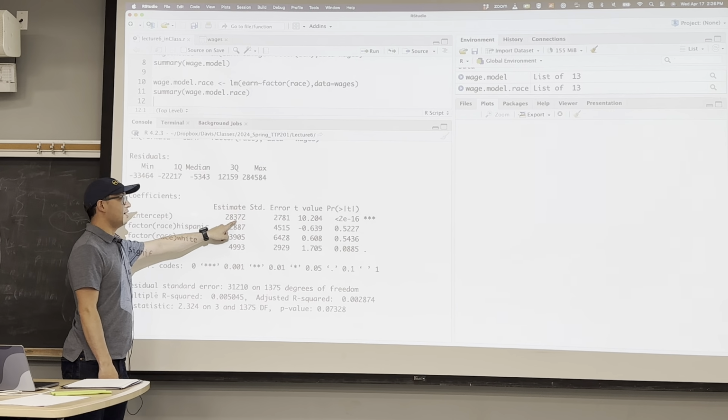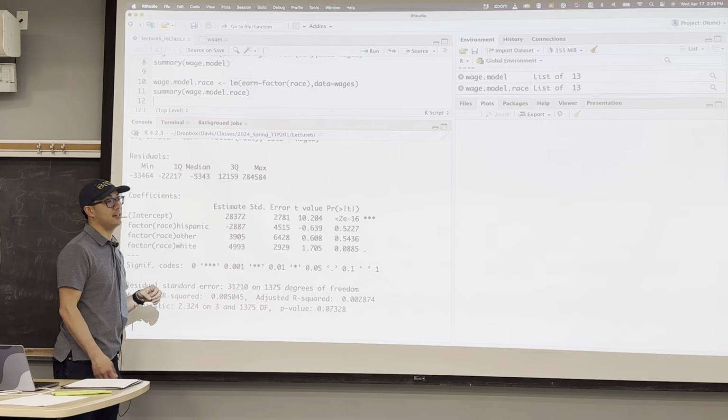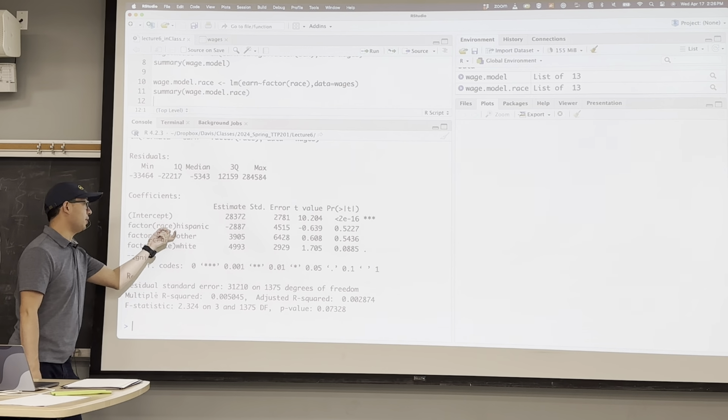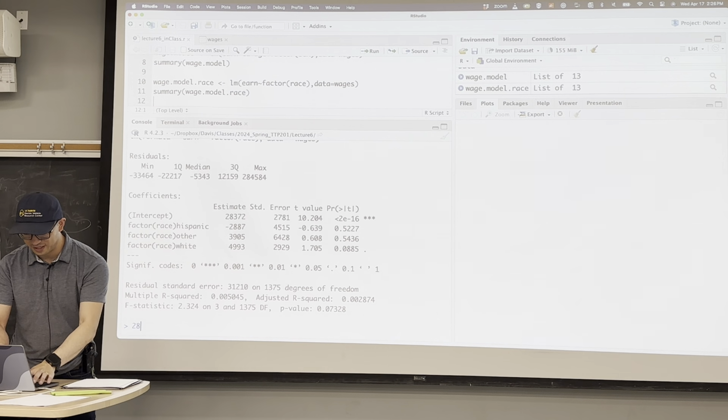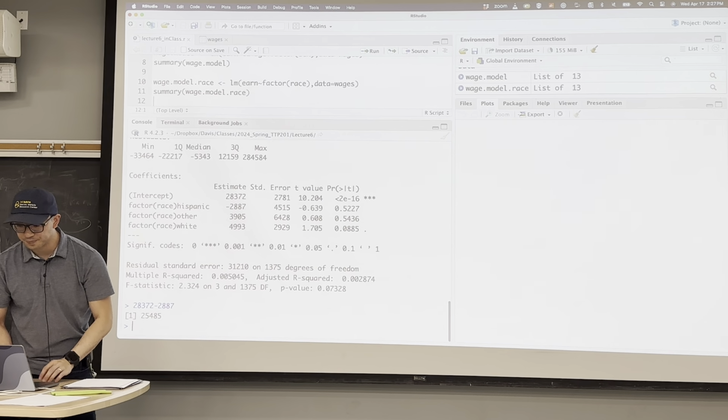Okay, and if you are one of these other categories, the way that we would do this interpretation is if you are of Hispanic race, then you would take the difference between this and the baseline to get the average effect of being Hispanic. So this would be 2,000, okay, I don't want to do the math in my head right now. 28,372 minus 2,887.